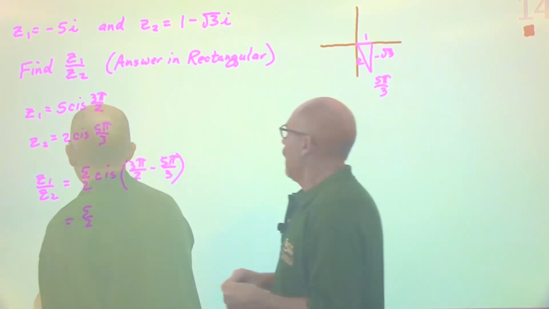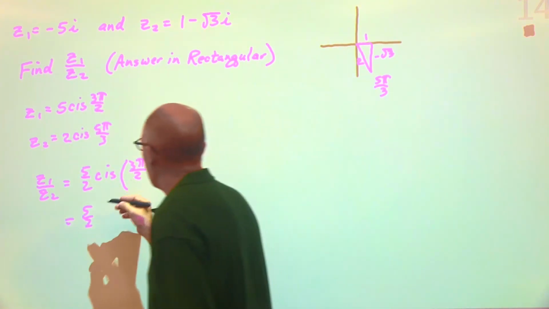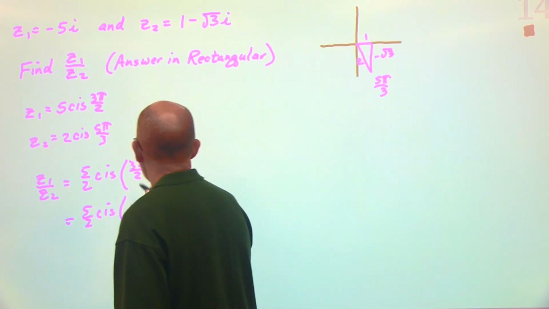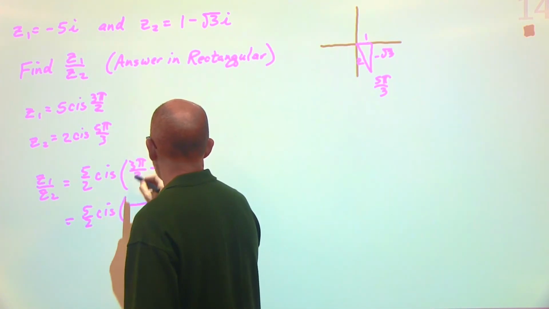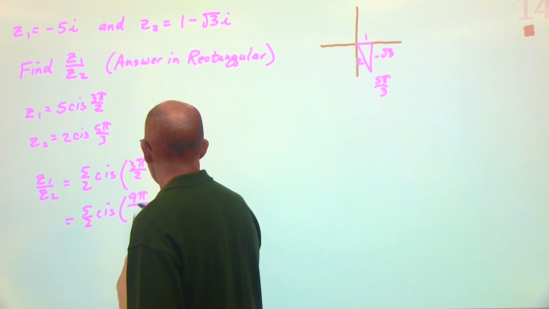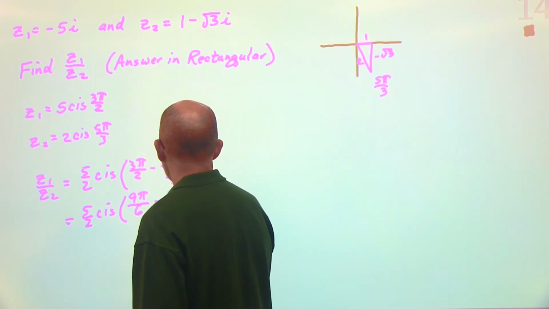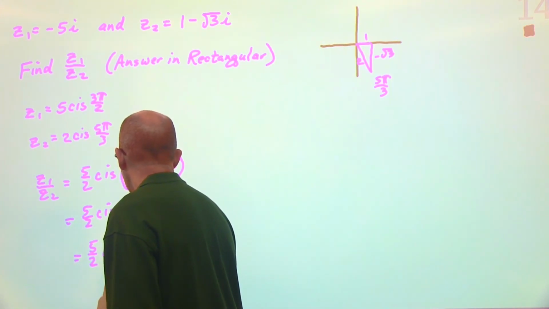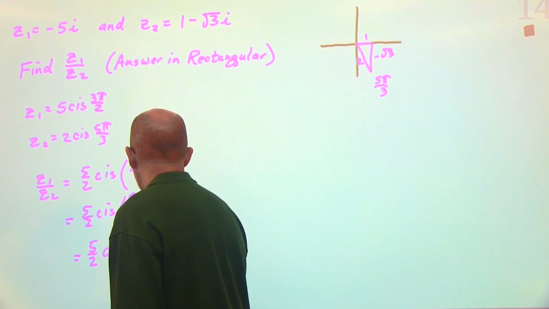So we have 5 halves cis, and the common denominator is going to be 6. So this becomes 9 pi over 6 minus 10 pi over 6, which equals 5 halves cis negative pi over 6.